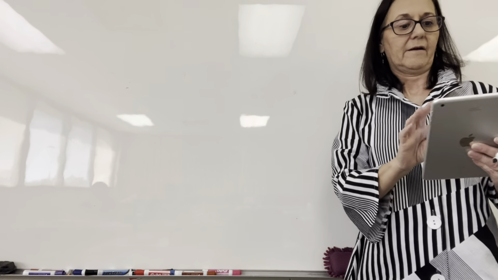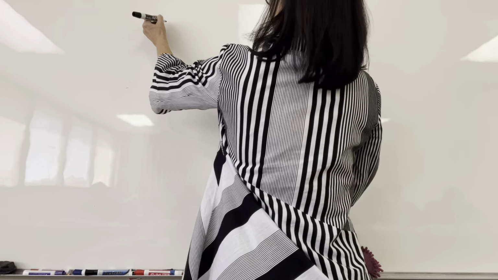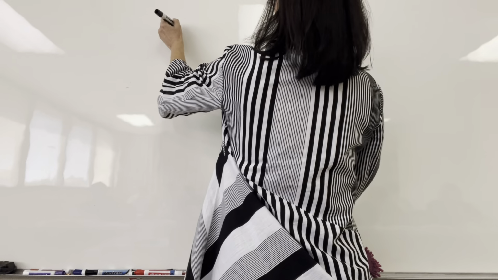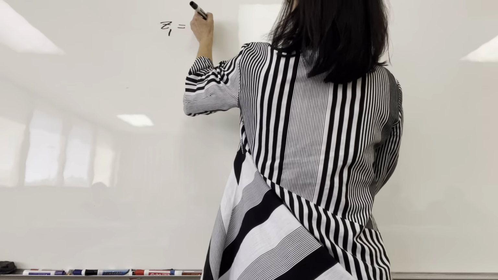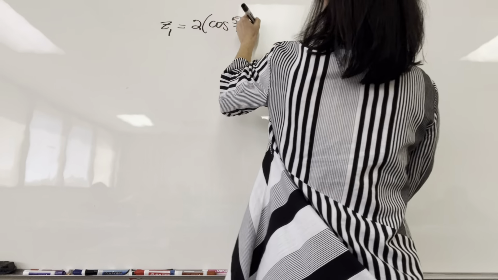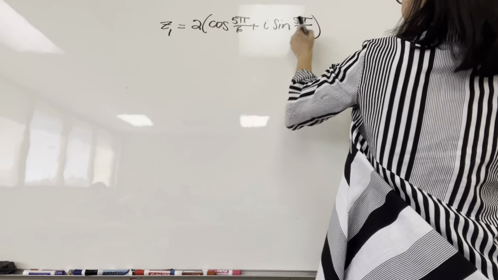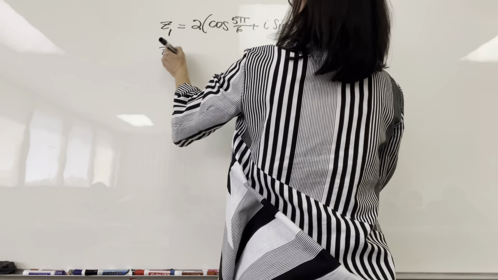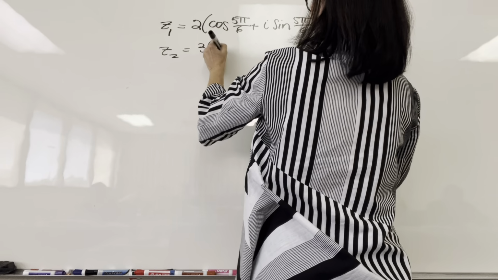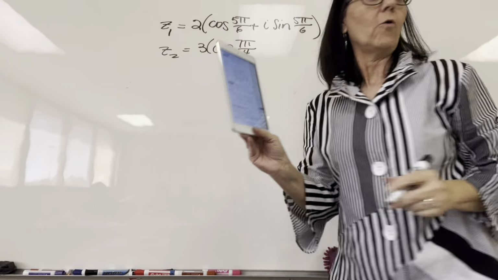But I have taught you that for so very long by now. Okay, so now we have 2 values, both in polar form. So we have Z1 and Z2. Example 4.